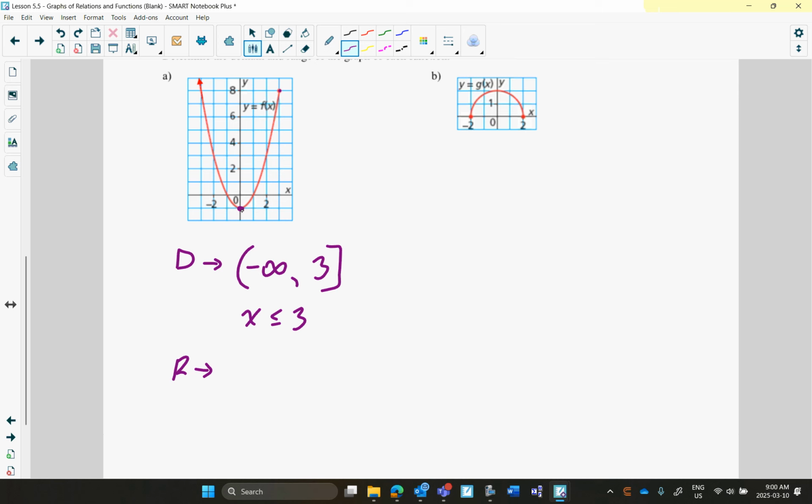What's its y coordinate? -1. And I include it. What's the highest? Watch your arrows. Infinity, I thought I heard you say, and that is correct. Why? Because this arrow means it goes up forever.